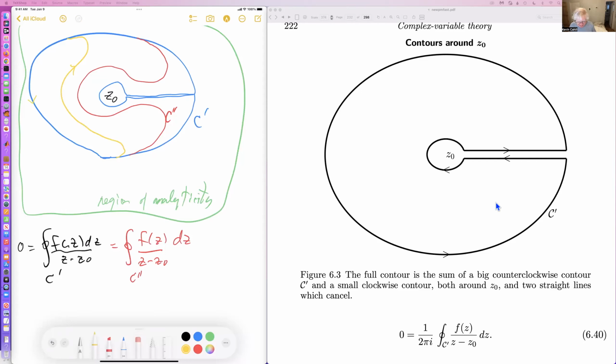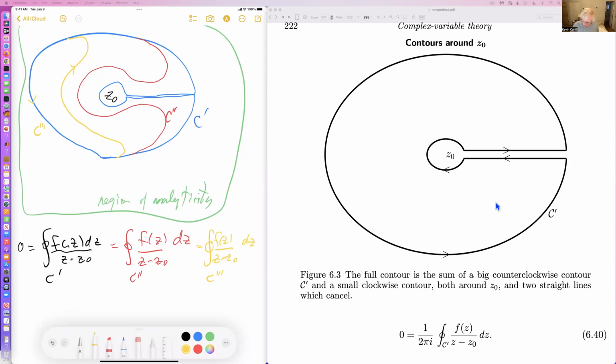Well, obviously this integral along the yellow contour, which I can say is C triple prime, is zero because it's an integral of a function that's completely analytic along C triple prime and inside C triple prime.